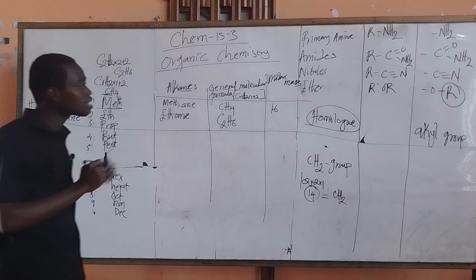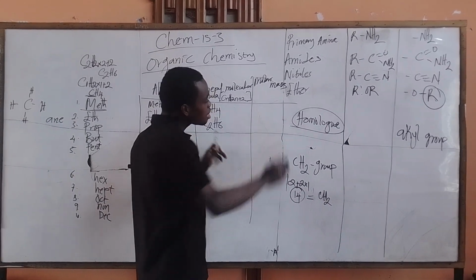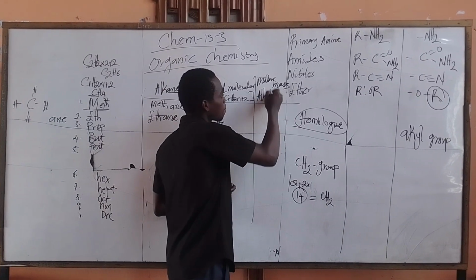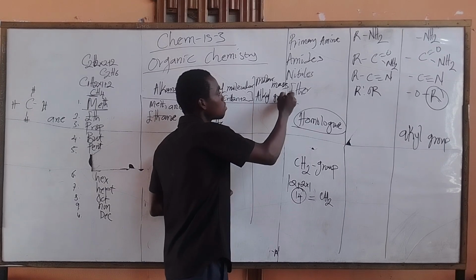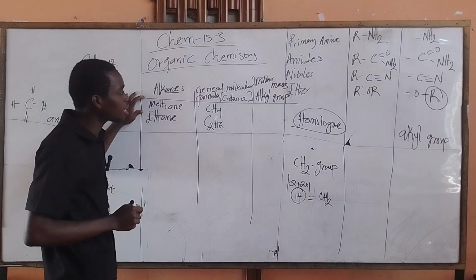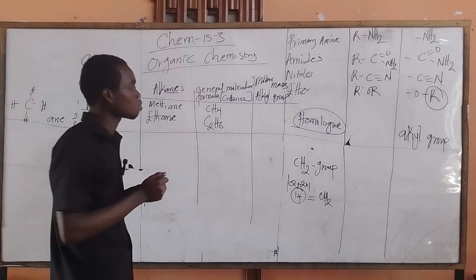Now, we said that, let me just clean this and put the alkyl group. We said that alkyl groups are groups derived from alkanes by the removal of one hydrogen atom.